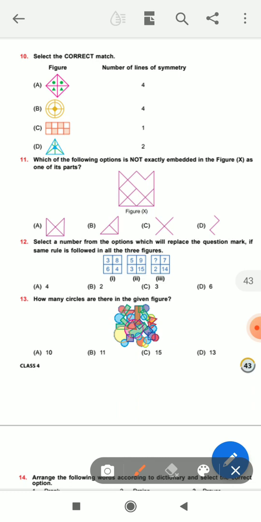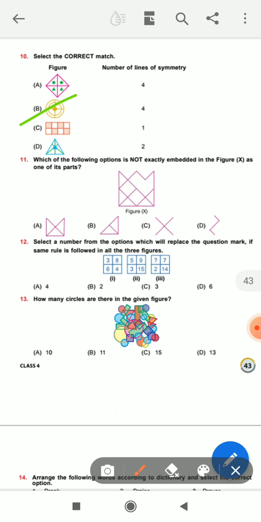First you see which is the matching figure. This has 4, 2 triangles, 2 circles. Option B is the correct answer.